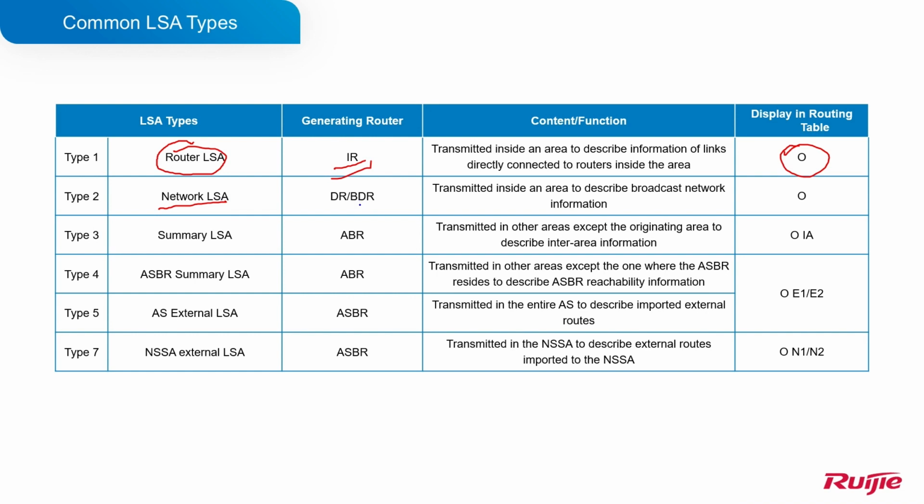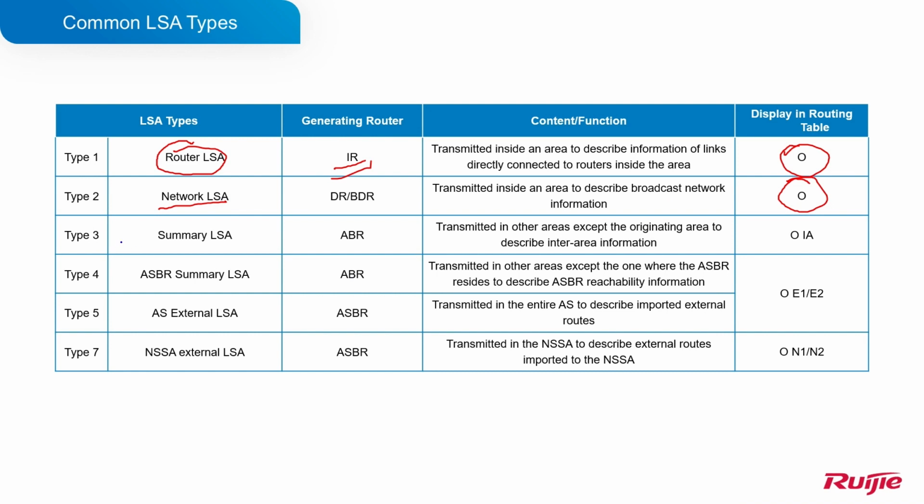The network LSA describes the broadcast network information within one area. So we also can't transfer the network LSA information to another area. We can only transmit this kind of LSA information within one area. The mark in the routing table is also O.